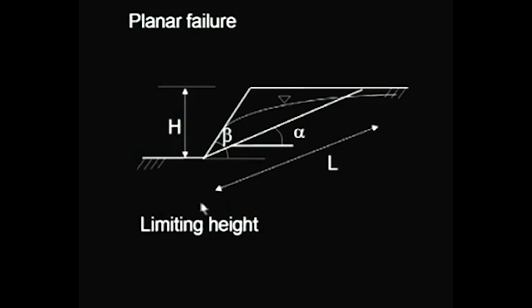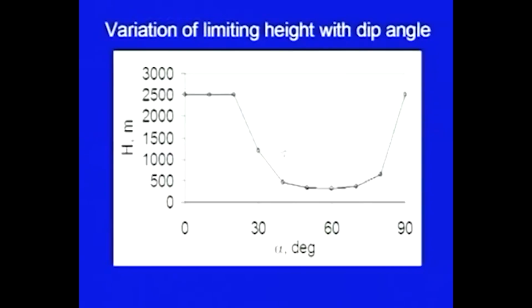We also discussed how to calculate the limiting height, the maximum possible height for a given angle alpha. We solved some examples also, and then we showed how the permissible limiting height varies with the angle alpha, and you could see that somewhere near 45 plus alpha by 2 the minimum permissible height is obtained.